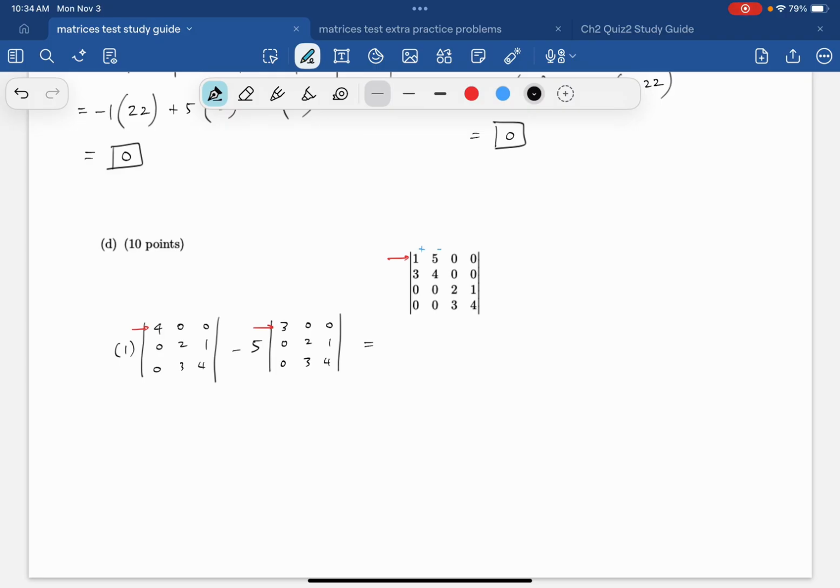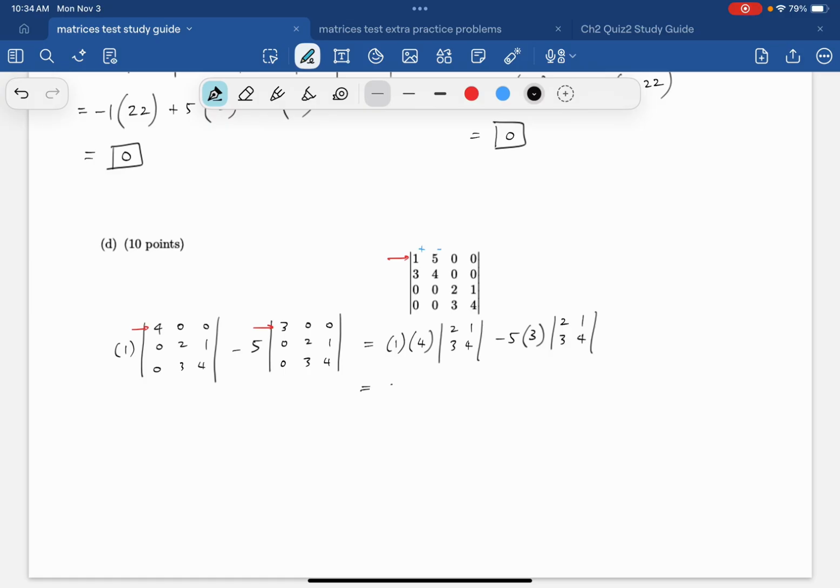So I'm left with negative 1 times that determinant is just going to be 4 times the determinant of 2, 1, 3, 4, minus 5 times 3 times the determinant of 2, 1, 3, 4. It's very important to make sure you're not dropping any factors.